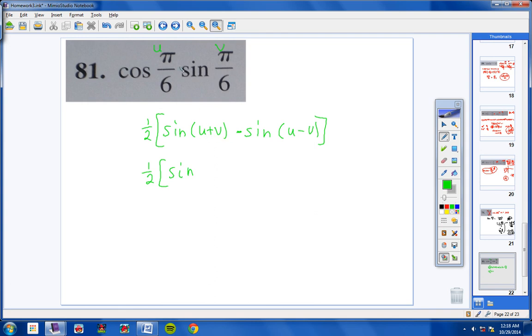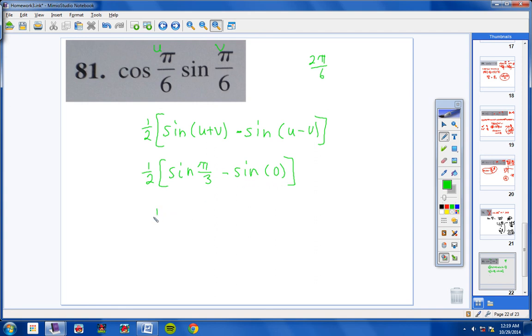So pi over 6 plus pi over 6 would be 2 pi over 6, which reduces to pi over 3. Okay? Then minus sine, and then we have u minus v. Well, pi over 6 minus pi over 6 would give you 0.